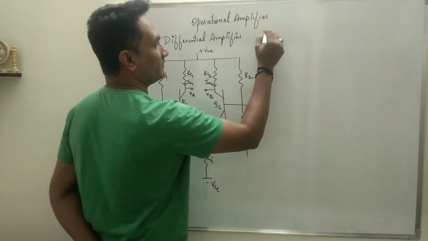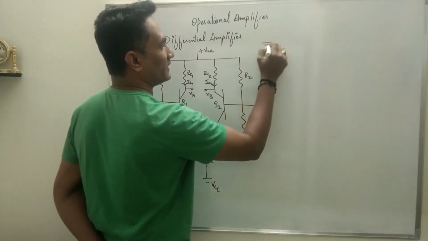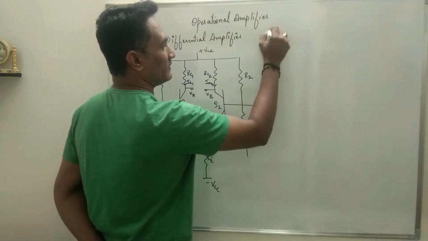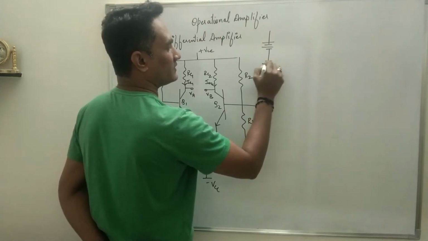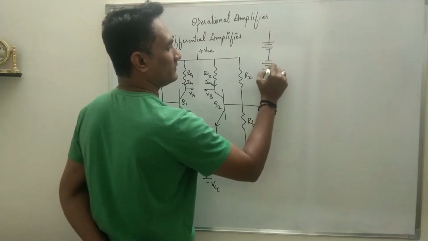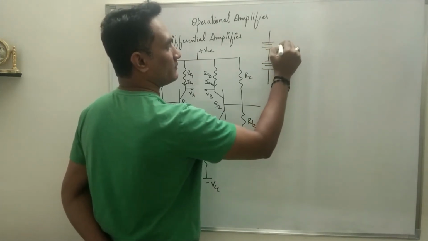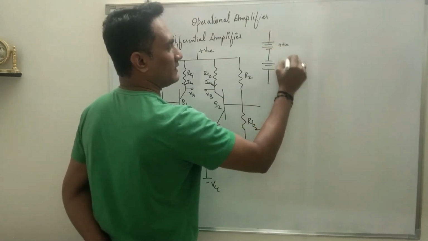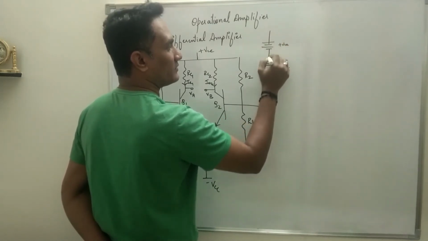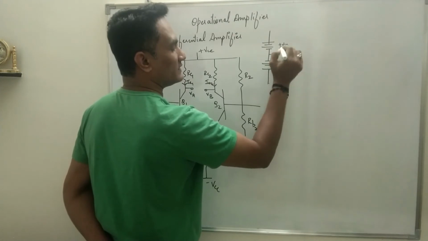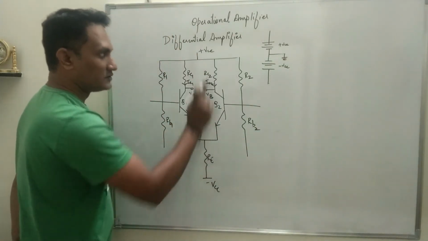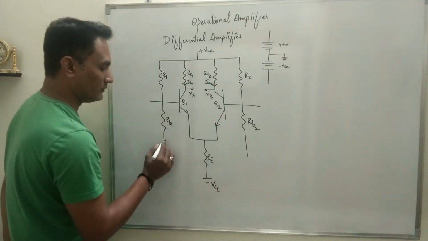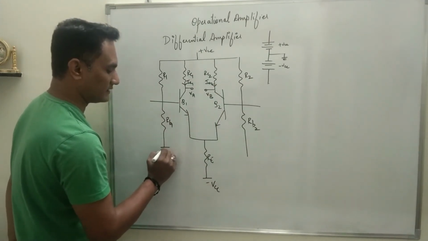It will be like this: positive, negative, positive, negative. So this is plus VCC and this is minus VCC, and the common terminal of these two will be considered as ground, which will be the ground for the base resistance.